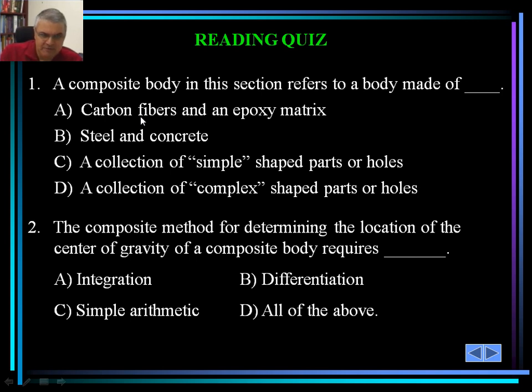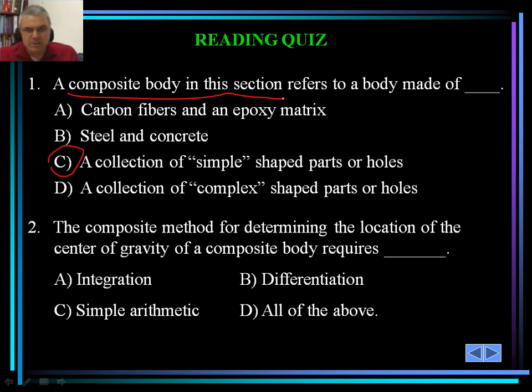There are different types of composite we use for structural rehabilitation of older structures, bridges, what have you. It does not refer to steel and concrete. It does not refer to a collection of complex shaped parts or holes, but it actually refers to a collection of simple shaped parts or holes. That's really the definition of a composite body in this section.